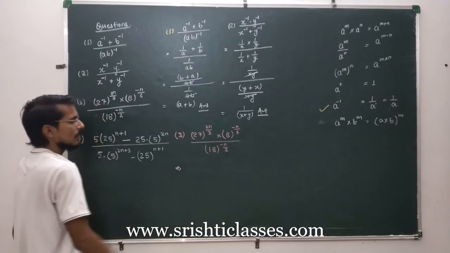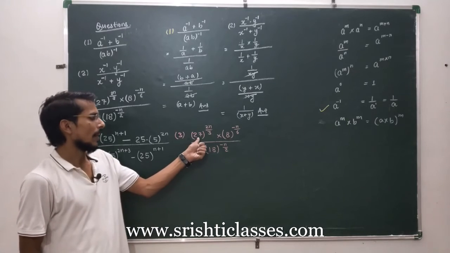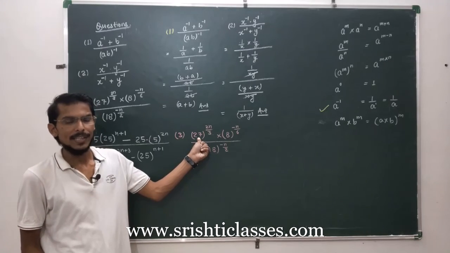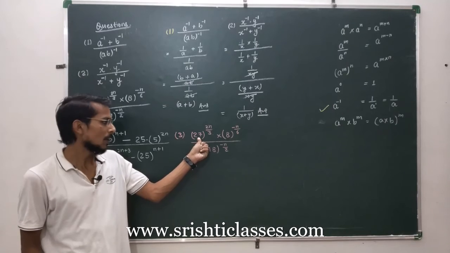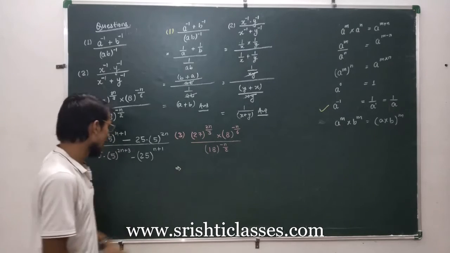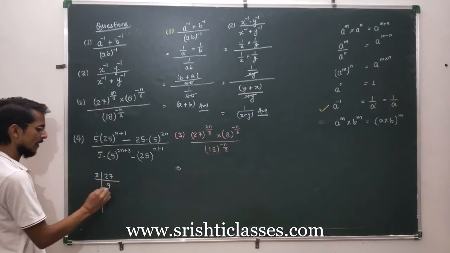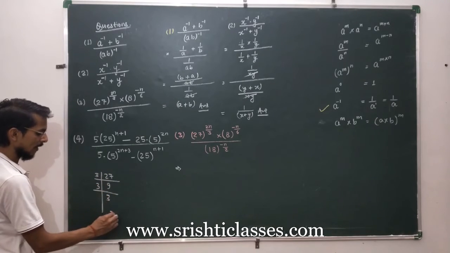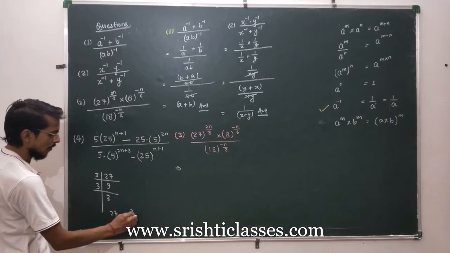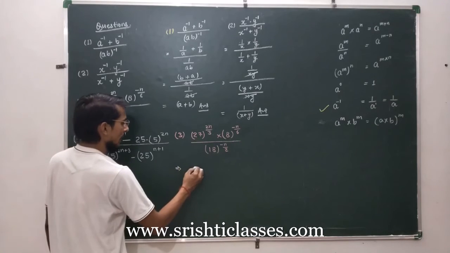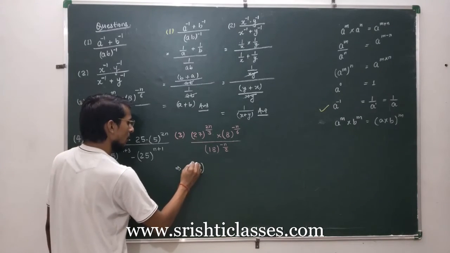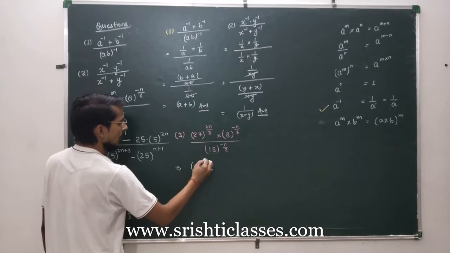First of all, you try to write the numbers in the form of index numbers. As for example, 27 can be written as: 3 9s are 27, 3 3s are 9. So you can write 27 is equal to 3 raised to the power 3. So you can write 3 raised to the power 3 to the power 2n by 3.